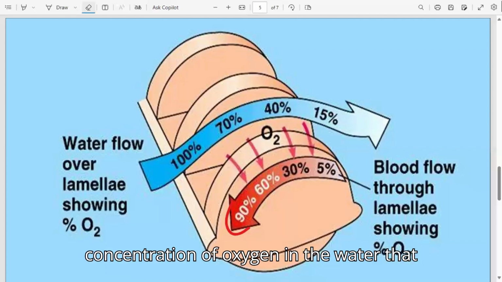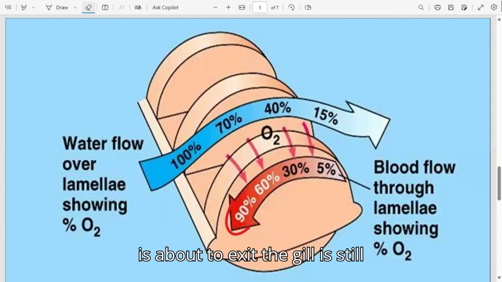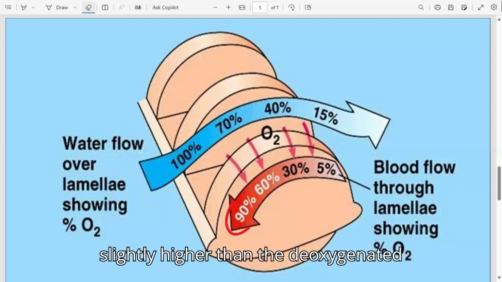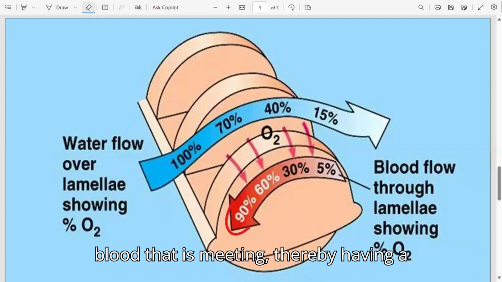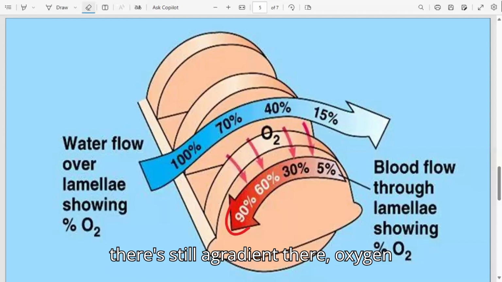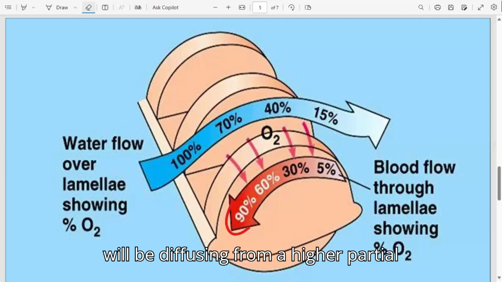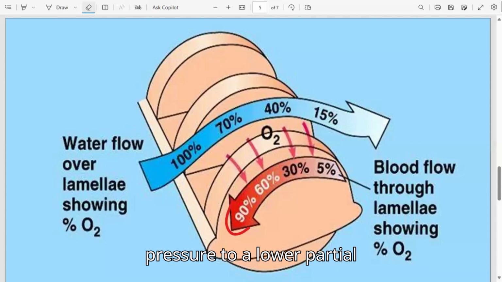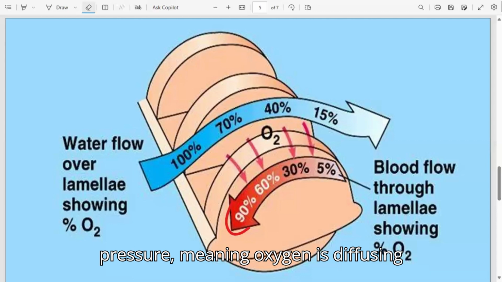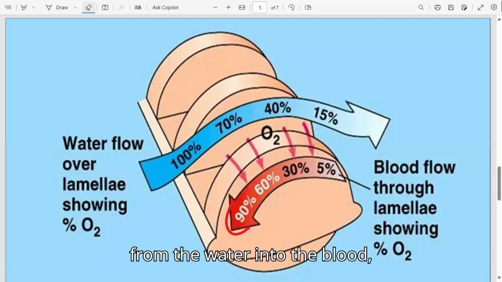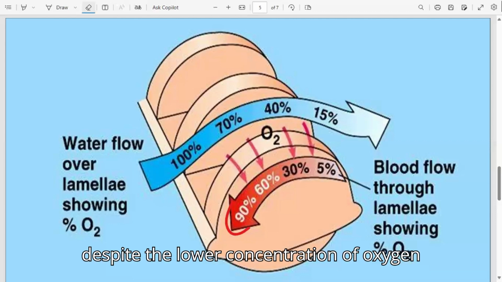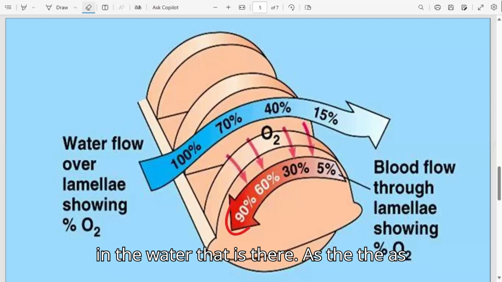But the concentration of oxygen in that water is still slightly higher than the deoxygenated blood it meets, thereby having a concentration gradient. And since there's still a gradient there, oxygen will be diffusing from a higher partial pressure to a lower partial pressure, meaning oxygen is diffusing from the water into the blood, despite the low concentration of oxygen in the water.